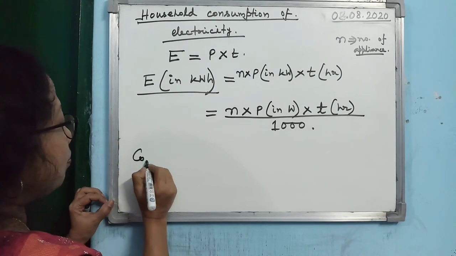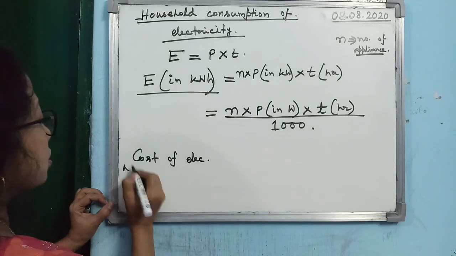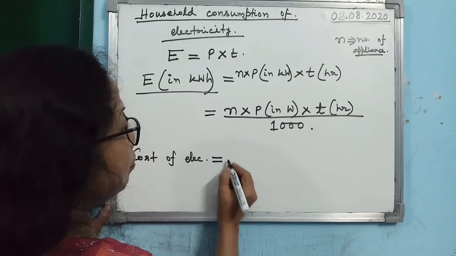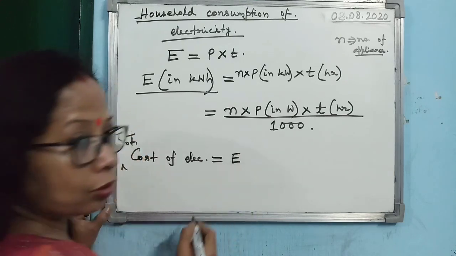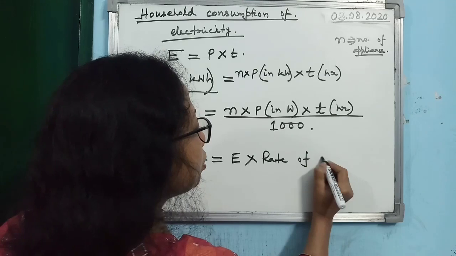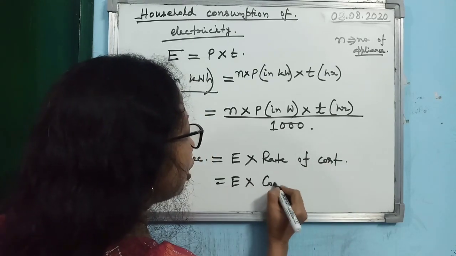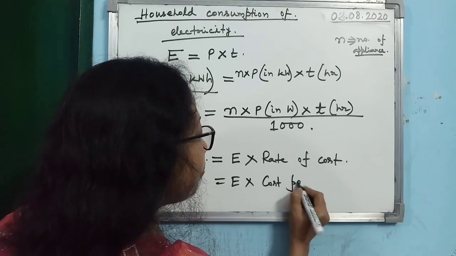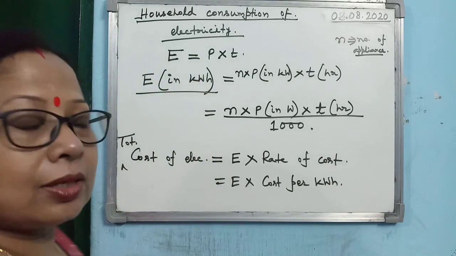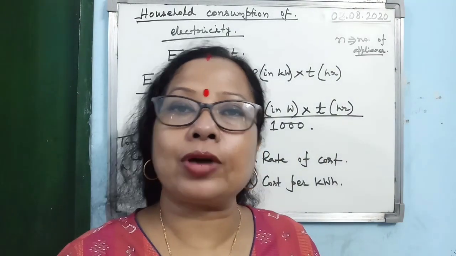Then what will be the cost of electricity? The total cost of electricity will be energy consumed multiplied by the rate of cost. Rate of cost means the cost of energy per kilowatt hour. Generally we say the rate of cost of electricity is 5.75 rupees.